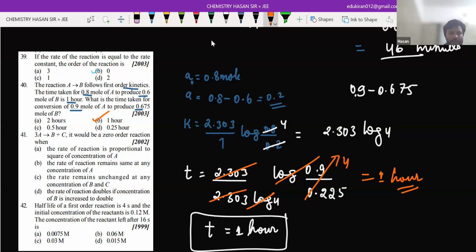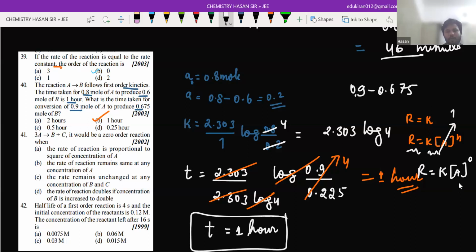Any answer for question number 39? 39 is also very easy. If the rate of the reaction is equal to the rate constant, R is equal to K. You know that R is equal to K into A raised to the power n. So R will be equal to K when the power is 0, so I can write R is equal to K into A raised to the power 0.